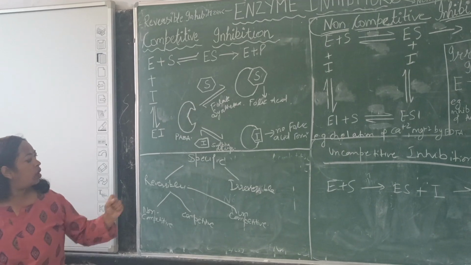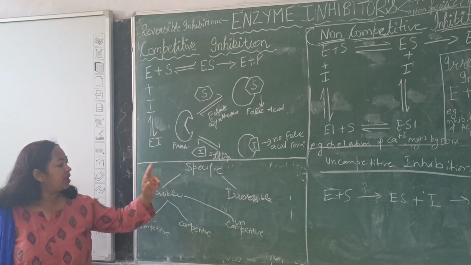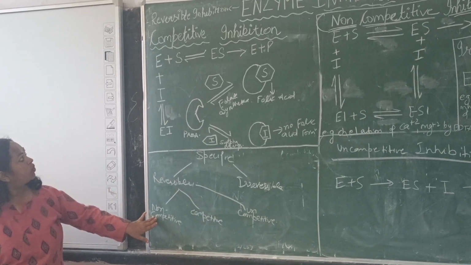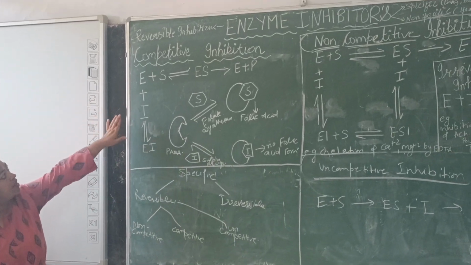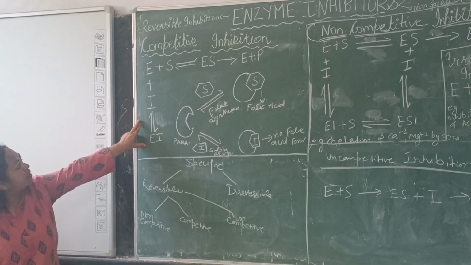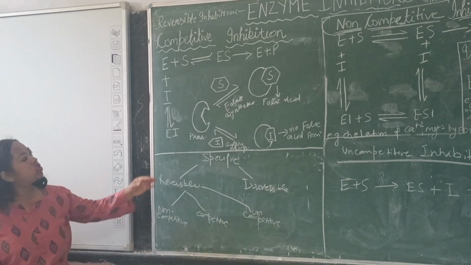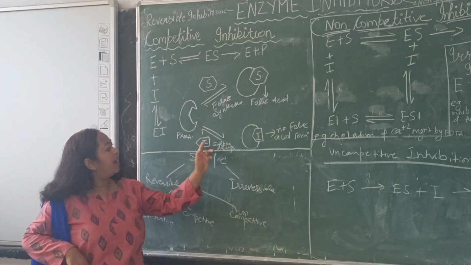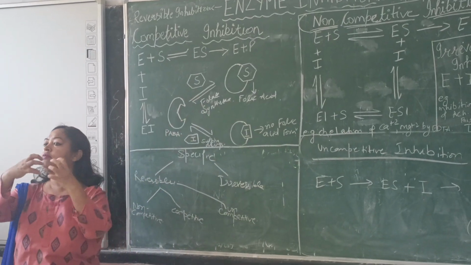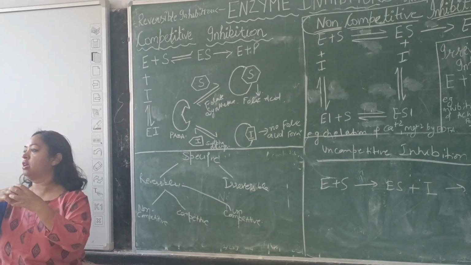So first of all, coming to the specific type of inhibition, which is reversible, the first example is competitive inhibition, in which substrate and inhibitor have the same shape and structure.